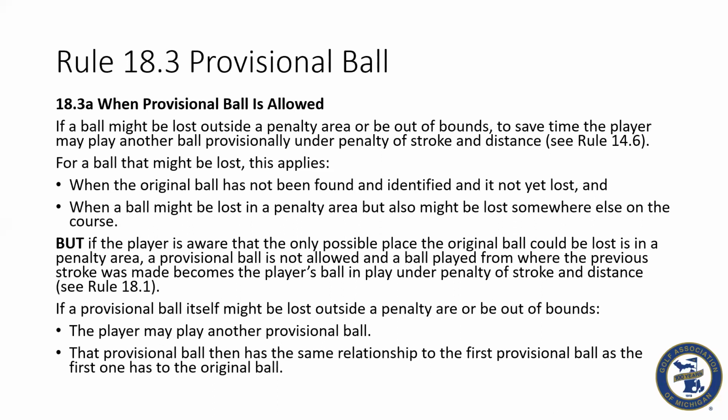Is that what that first bullet says? Maybe. It says when the original ball has not been found and identified and is not yet lost. Okay. So as long as you've got the 3 minutes, 2 minutes and 59 seconds to go forward and look, then you can still go back and play a provisional.